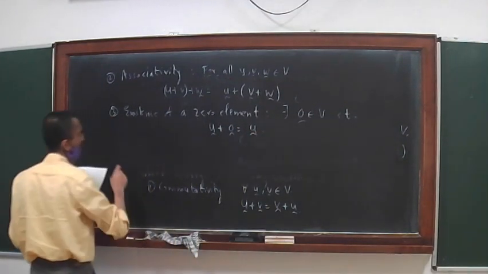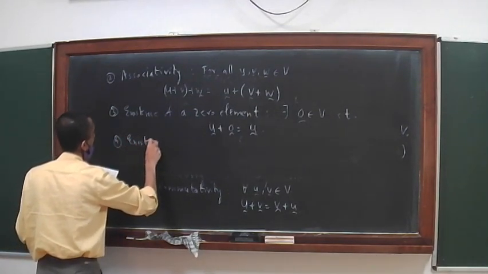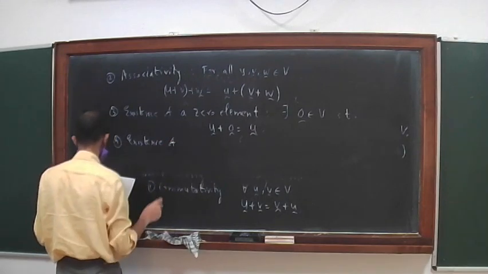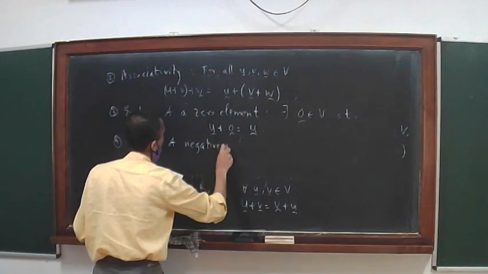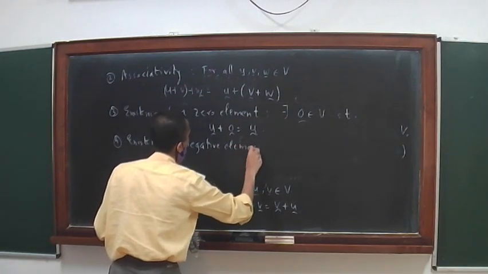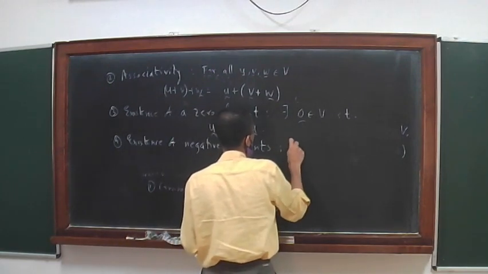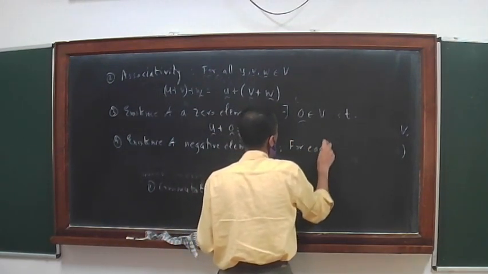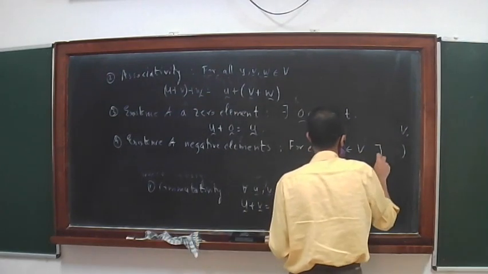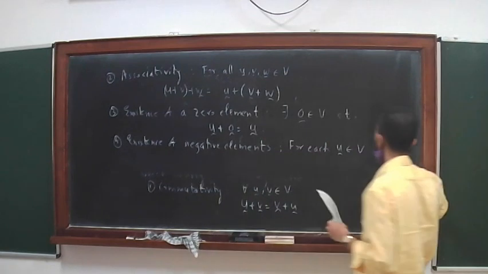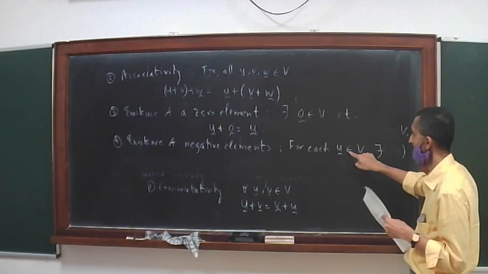And the fourth is the existence of negative elements. For each u belonging to V there exists, so this symbol here means there exists, and this symbol means belongs to.